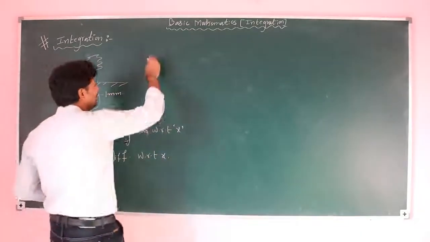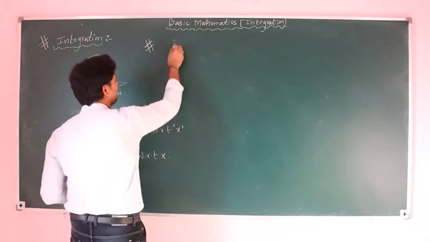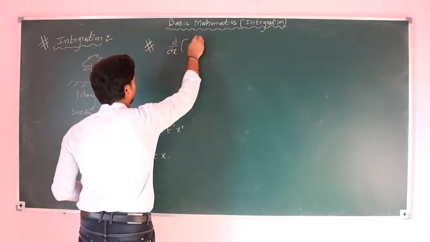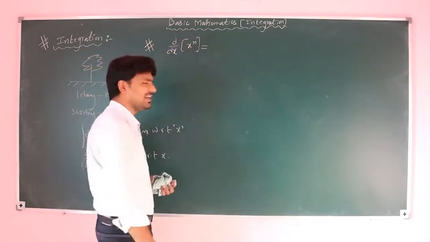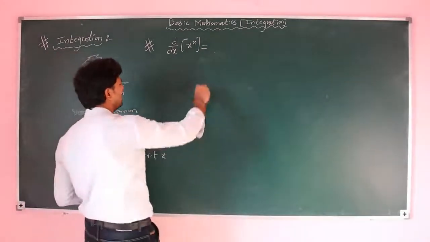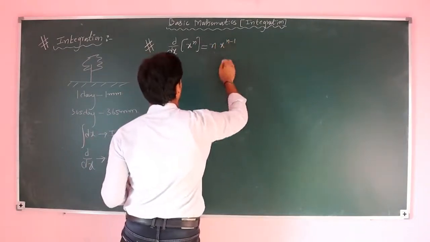So first of all, let us go through the differentiation. Here I am giving a function, d by dx of x power n. What is the differentiation of that? Simply, we write n into x to the power of n minus 1.